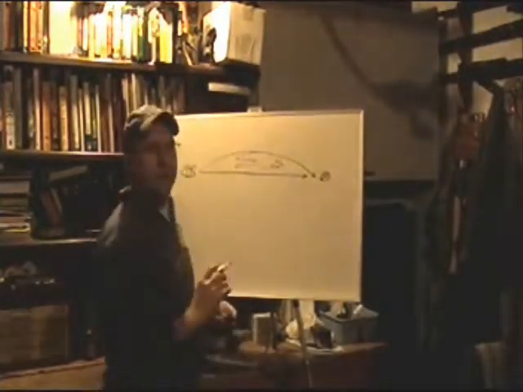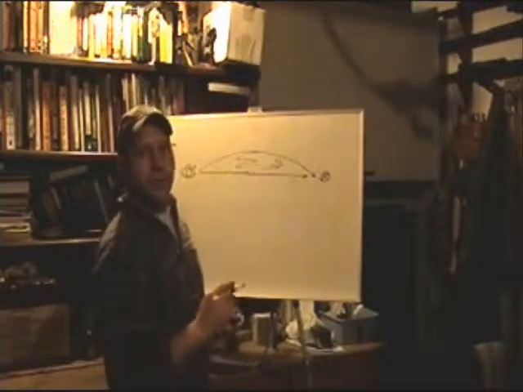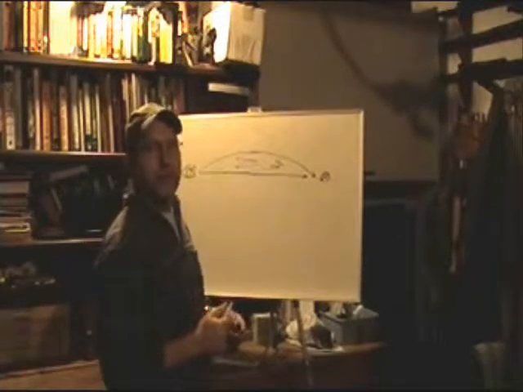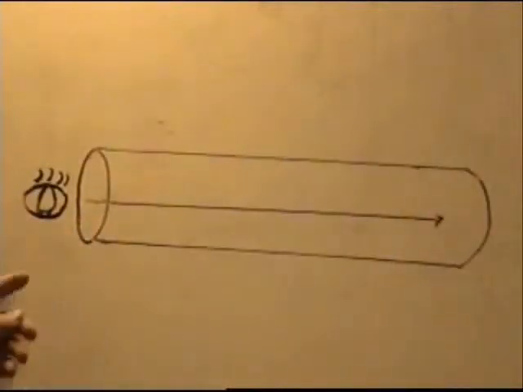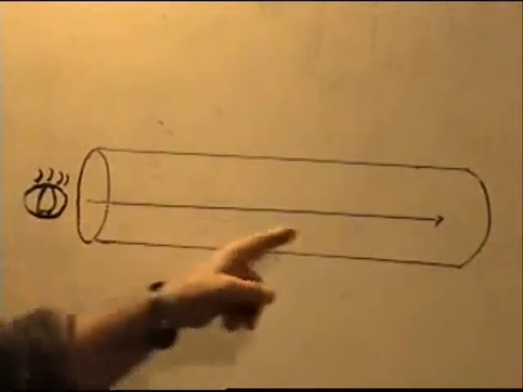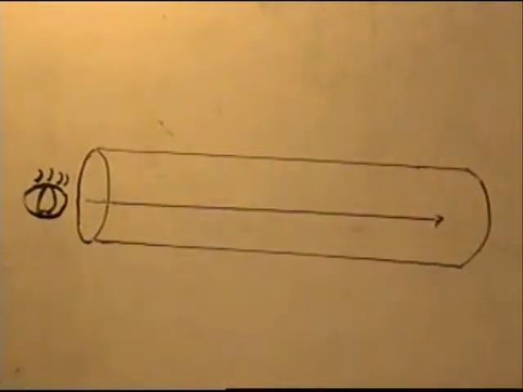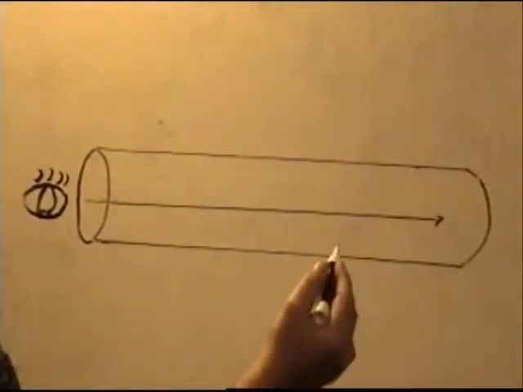Let me try and draw this out here on the board so you might be able to understand a little better. I did my best to draw out a tube here with your eyeball and your line of sight down through the center of the tube. What you're going to try and do is determine a distance.